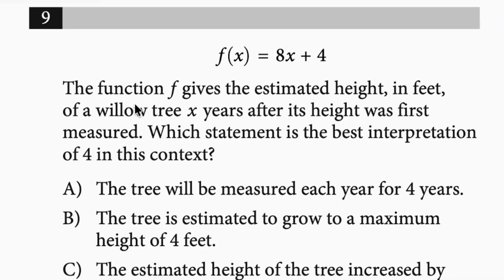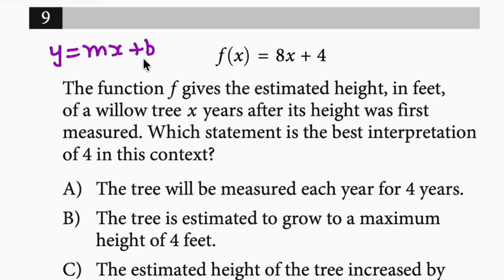Okay, a linear equation. The function f gives the estimated height in feet of a willow tree x years after its height was first measured. Which statement is the best interpretation of 4 in this context? Okay. Now if we compare it, y is equal to mx plus b.